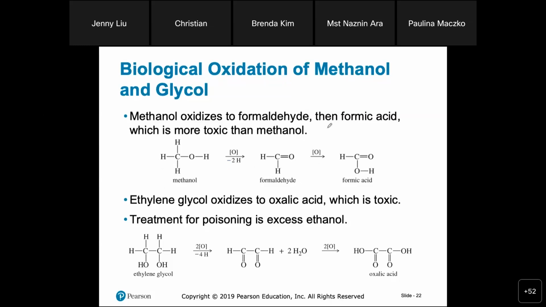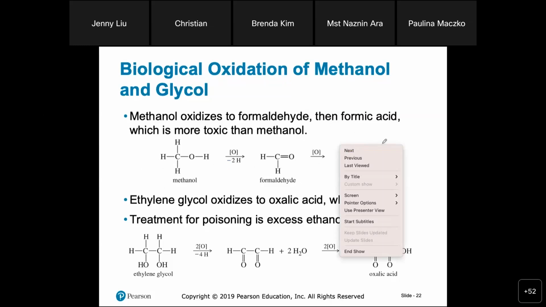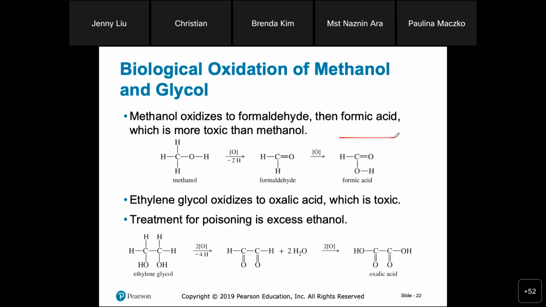Methanol oxidizes to formaldehyde and ultimately formic acid. Ethylene glycol forms oxalic acid. You have to remember this when the biological oxidation of methanol and glycol goes on.